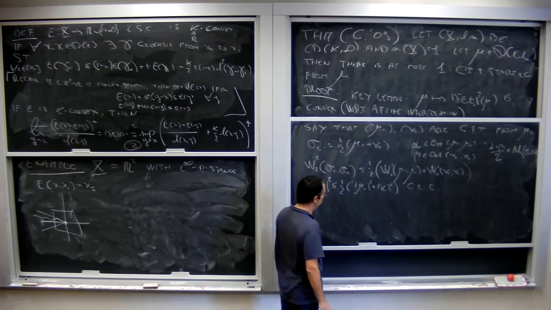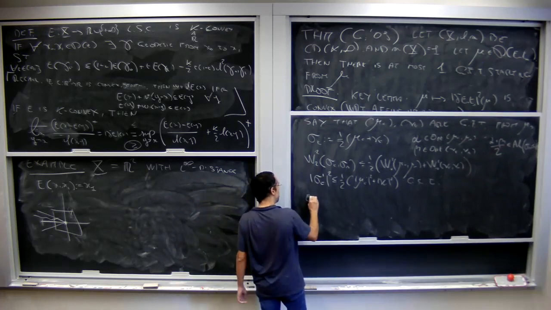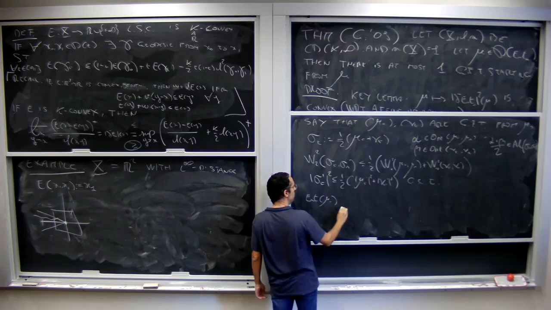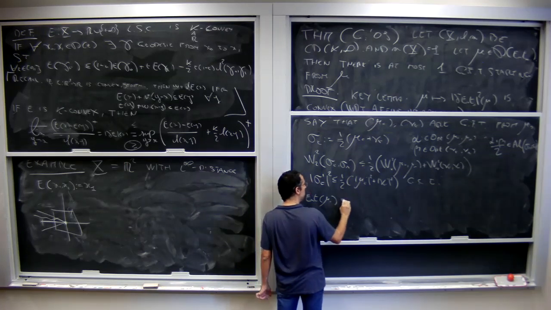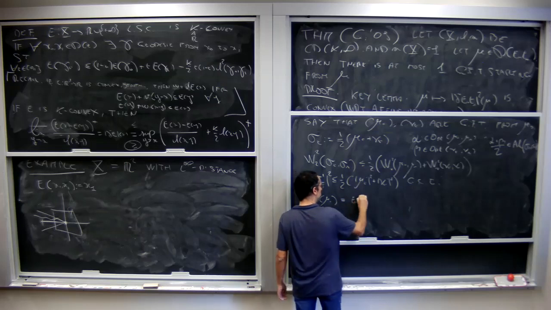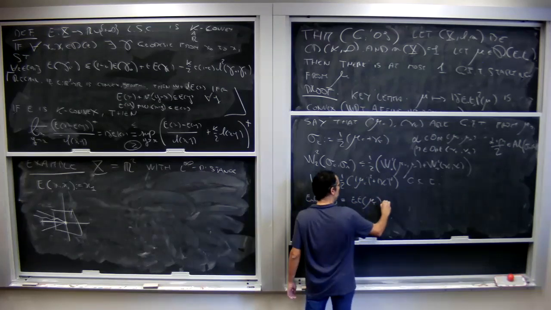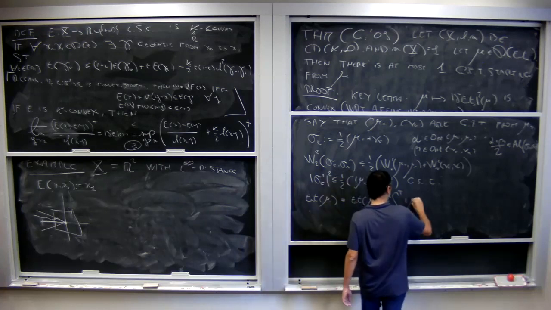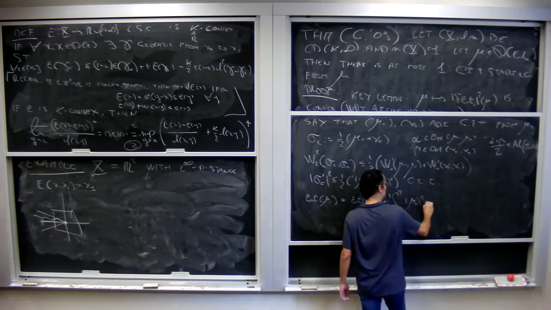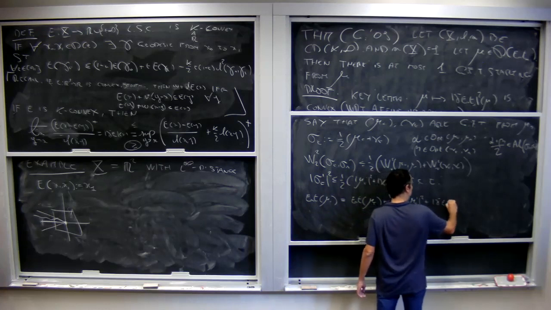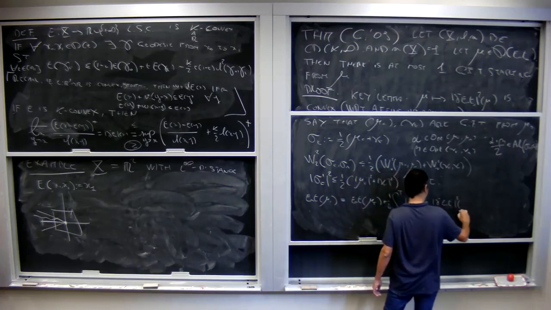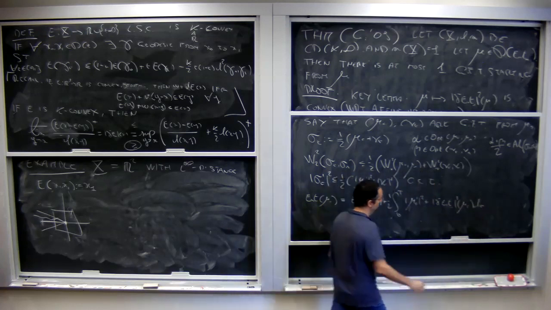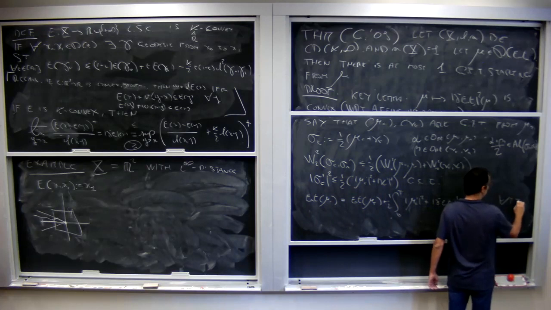But then we have that the entropy of mu_0 is equal to the entropy of mu_T plus 1/2 the integral from 0 to T of the squared metric derivative of mu_t plus the squared slope, for any T, right?